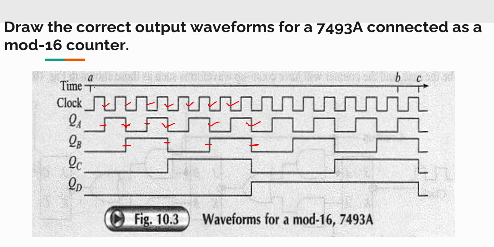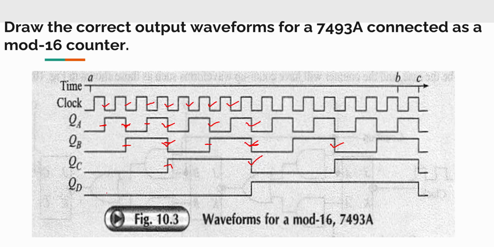And this will trigger the flip-flop C. So during the negative edge of your QB output, QC will toggle. Initially it is assumed to be in 0 state, so it will toggle, again it will toggle, and so on.